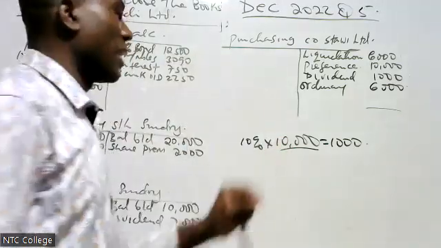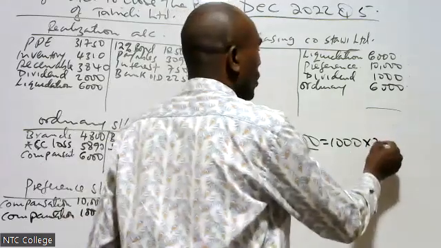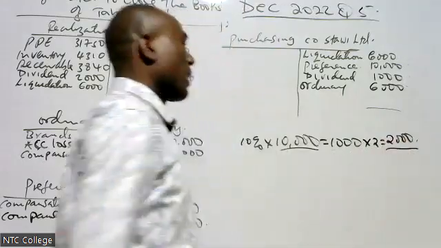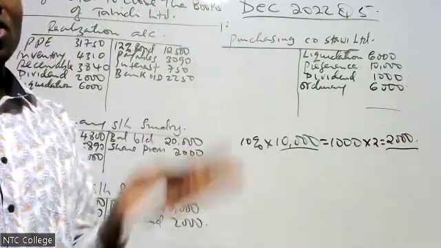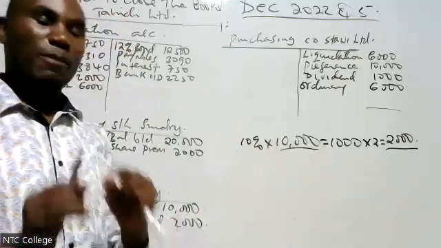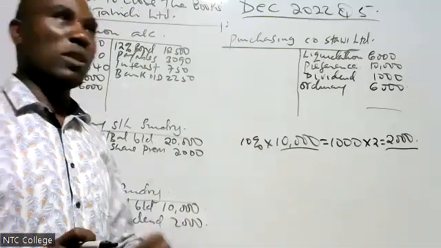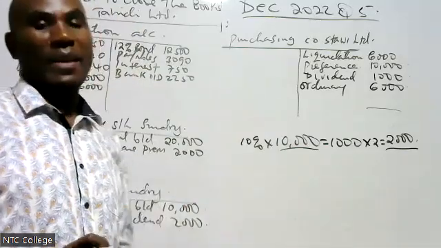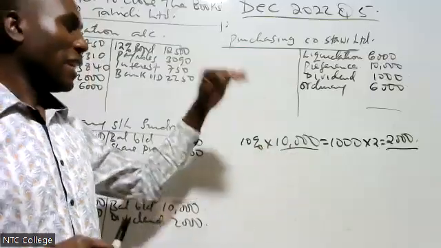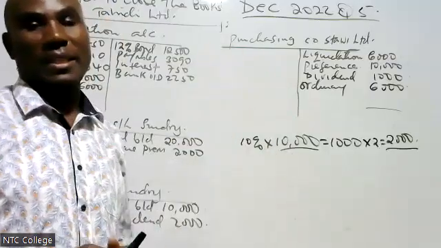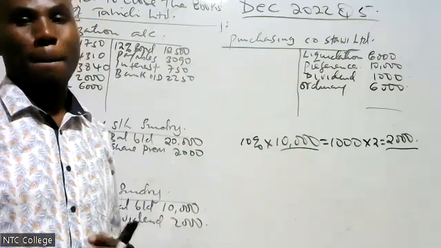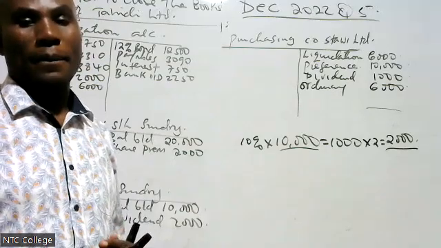Therefore, we multiply by 2 years to get 2,000, which is in shillings, not in shares. We took the percentage times the shillings, so it is in shillings. That's why we do not multiply by 10. Okay, got it. Thank you. Welcome.